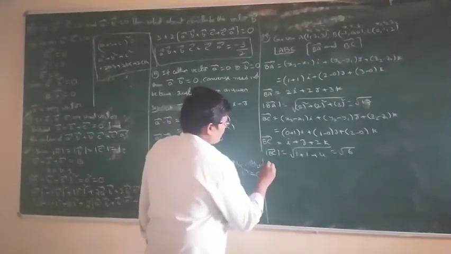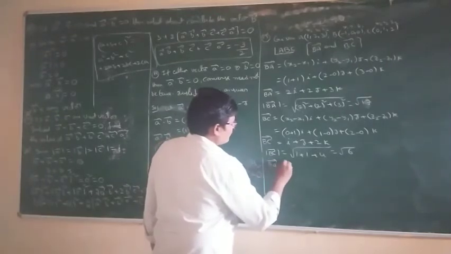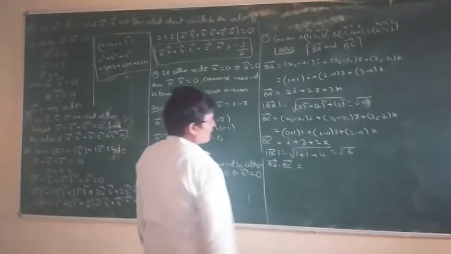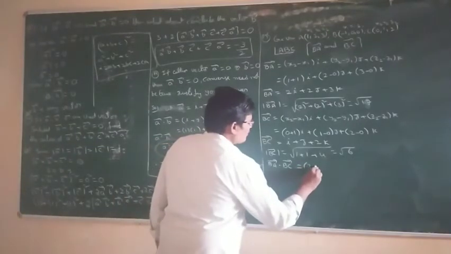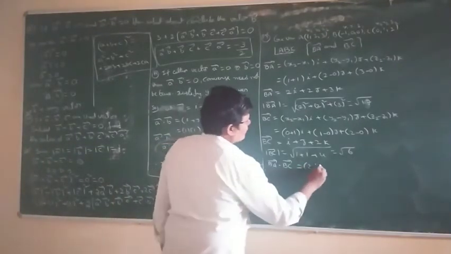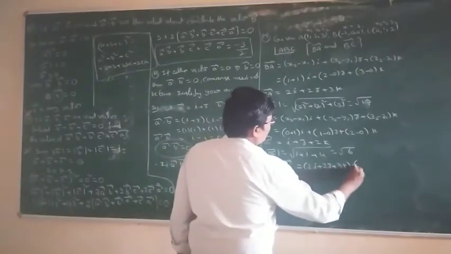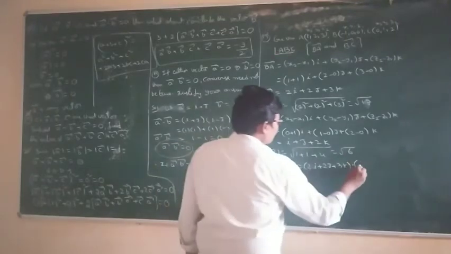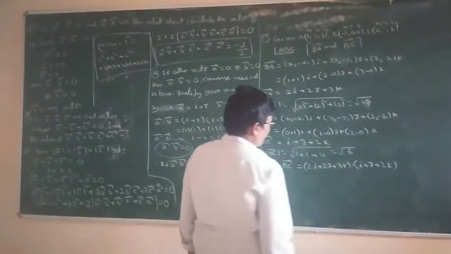Next, BA bar dot BC bar, the dot product. BA bar is 2i plus 2j plus 3k dot BC bar, i plus j plus 2k.